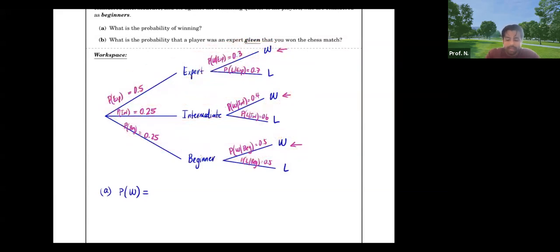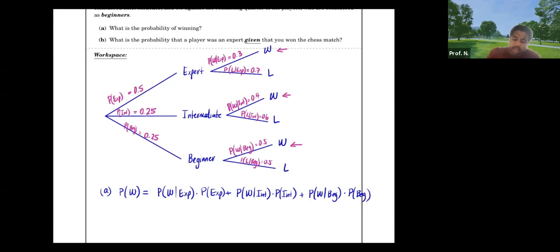And that's why we have this law of total probability. That's where it comes from. That's one way to illustrate it. So the probability of me winning, given that I played an expert, multiplied by the probability of playing an expert, plus the probability that I won, given that I had an intermediate player, multiplied by the probability that I actually get the intermediate player, plus the probability of me winning, given that it's a beginner, times the probability of getting a beginner.